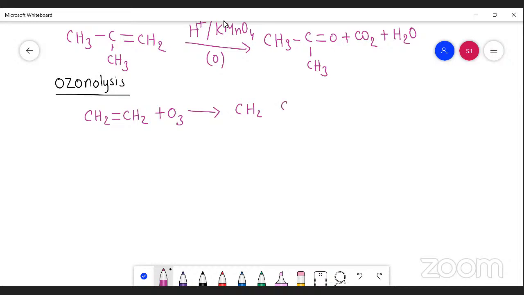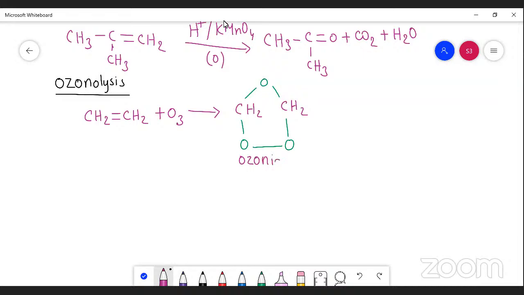So here there is no bond between CH2 and CH2, and the three oxygen atoms are attached like this, with an oxygen here, an oxygen here, and an oxygen here. This is known as the ozonide, the ethene ozonide.